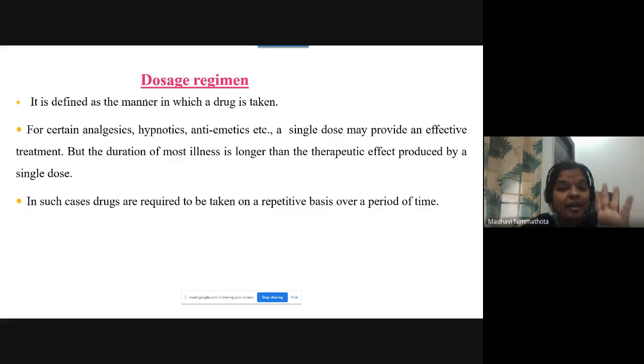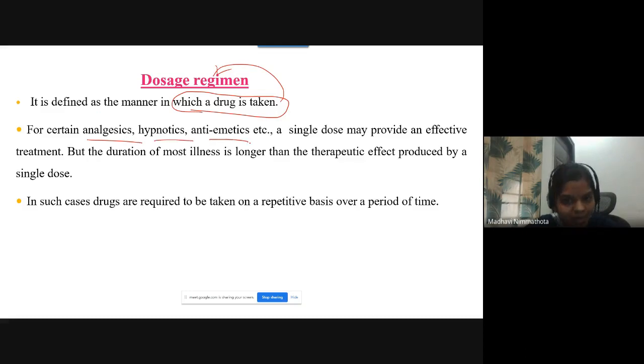So, what is the importance of dosage regimen? It is defined as the manner in which a drug is to be taken. This will be denoted by our dosage regimen name. Then, for certain analgesics used to treat some pain, right? Then hypnotics, then antiemetics, which prevent vomiting.